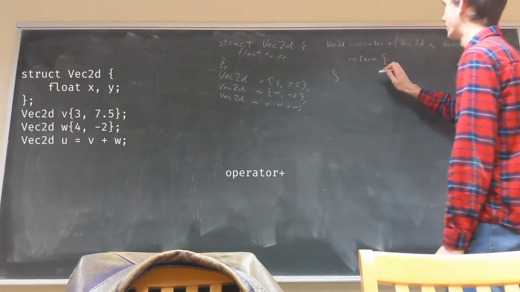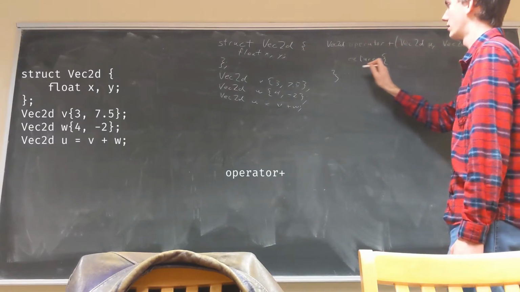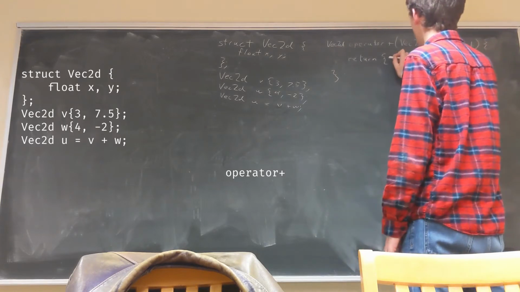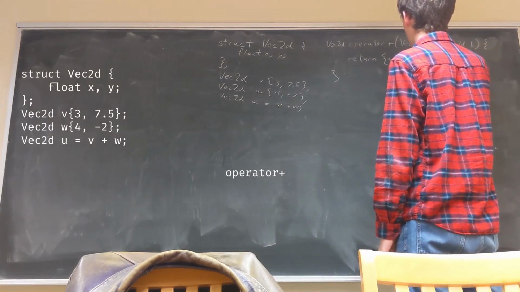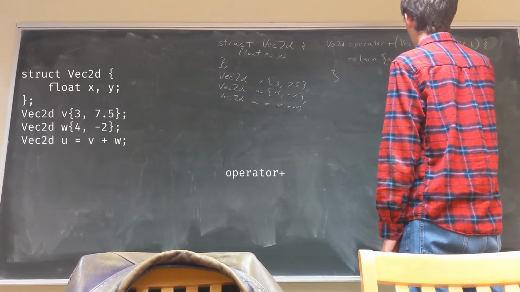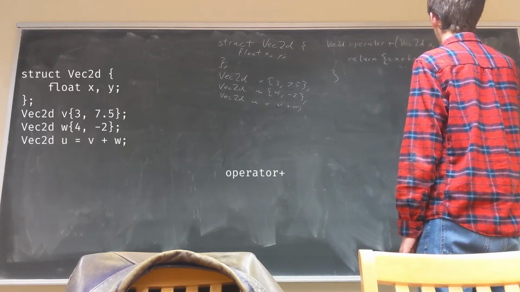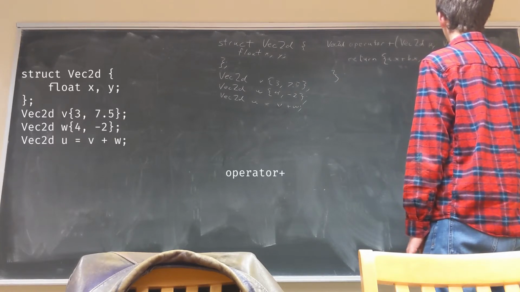It's implicit that it's initializing a vec2d because the context here is this needs to return an object of type vec2d, and I'm saying a.x plus b.x, a.y plus b.y.